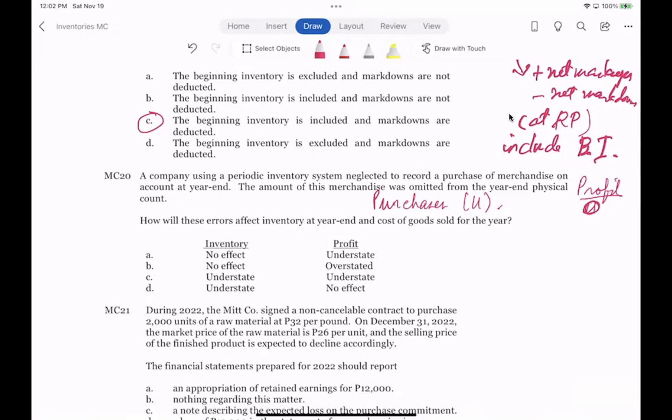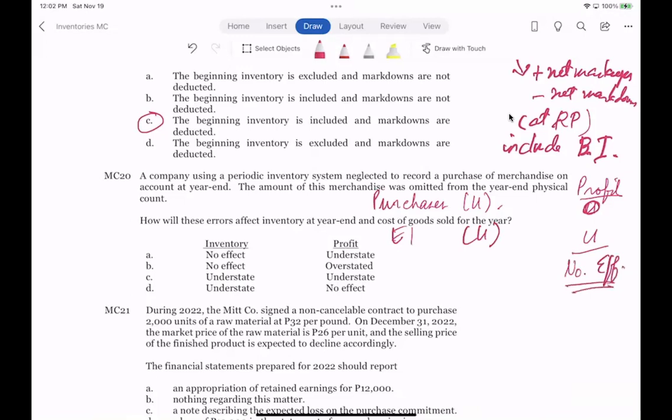But the same goods were omitted from the year-end physical count. Therefore, your ending inventory is understated, and ending inventory is directly related to profit. Therefore, profit is understated. Therefore, the net effect, there is no effect.